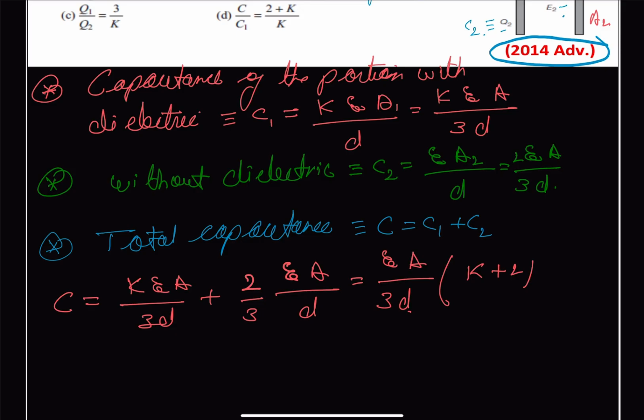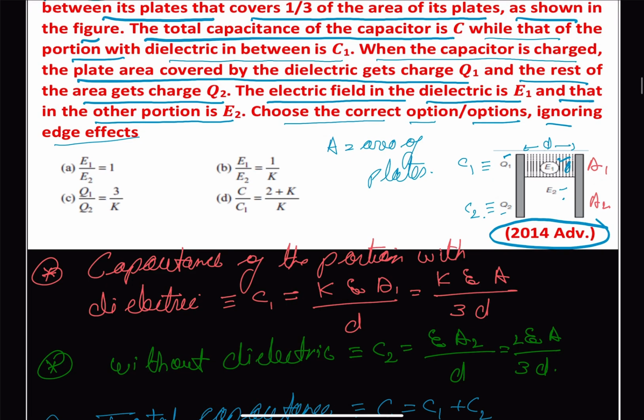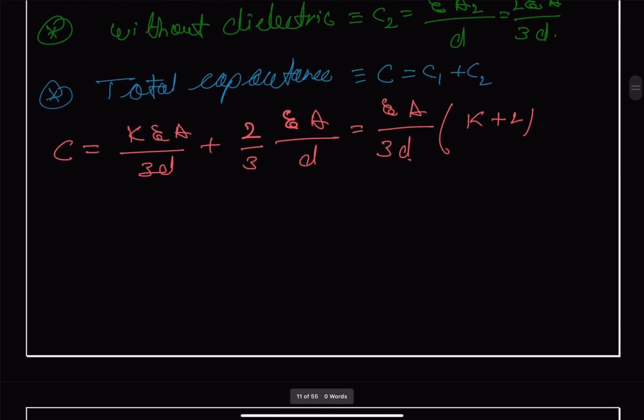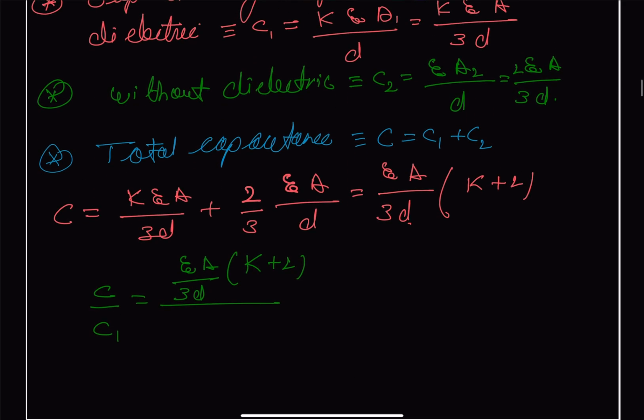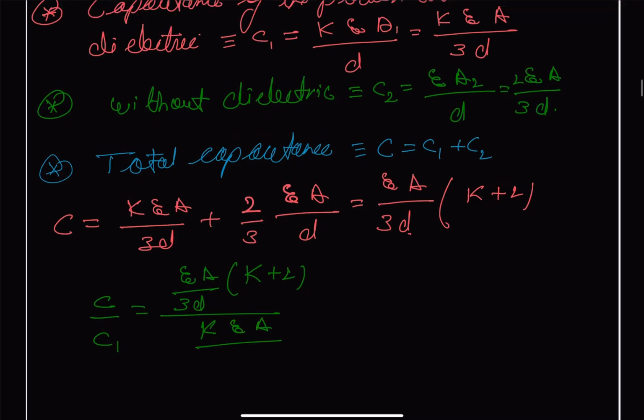And first of all, we need to find out the ratio C upon C1, Q upon Q1 and the electric field. So we find out the ratio C upon C1. The total capacitance we just found is epsilon naught A upon 3D times K plus 2, and C1 was K epsilon naught A upon 3D.